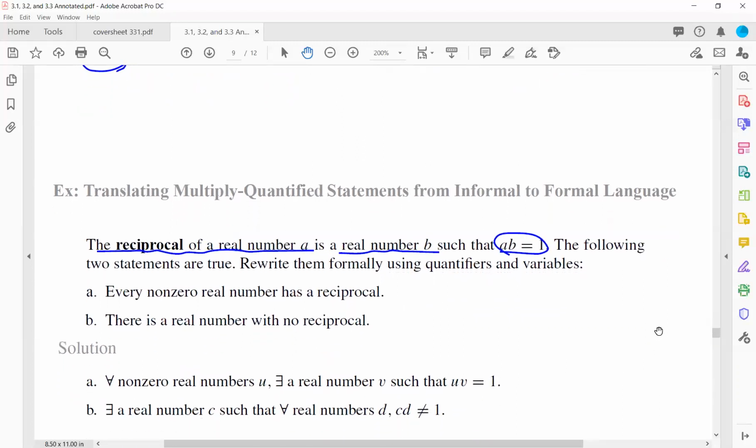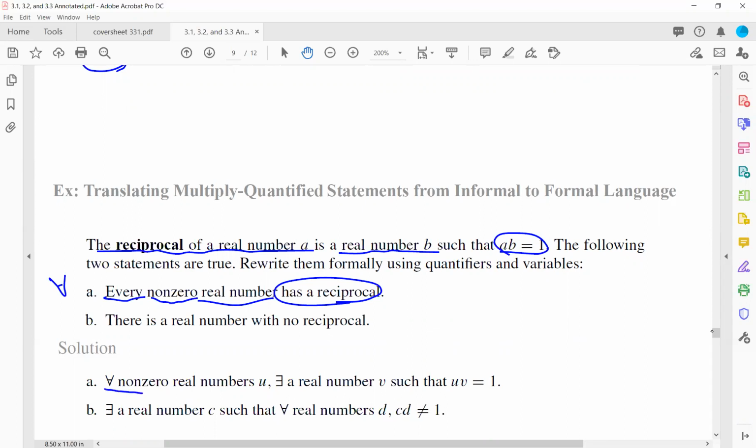The first one says, every non-zero real number has a reciprocal. So if you take any random, as you guessed, it is for all. Any random non-zero real number, there is another real number such that their product is 1.